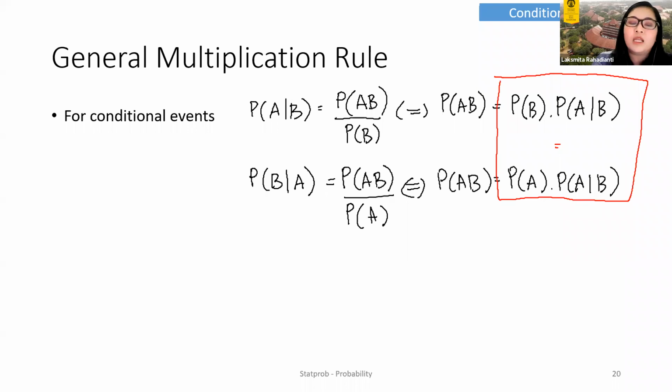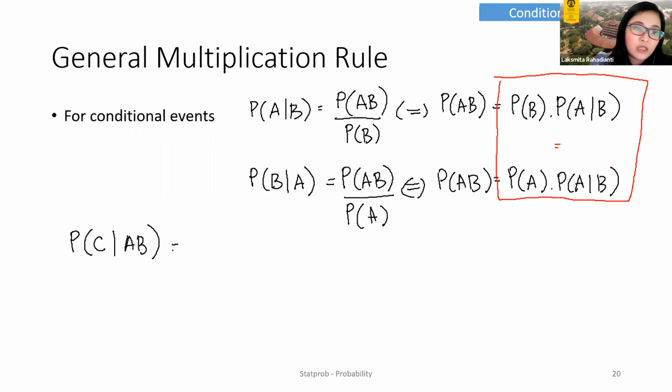So I can compute the probability of the intersection using either the conditioning based on B or the conditioning based on A. Okay, so now say I'm talking about a third hypothetical event, let's say C. I want to know the probability of C if I know that A and B happened. So I'm talking about this hypothetical intersection. If I know that AB happened, how can I determine the probability of C?